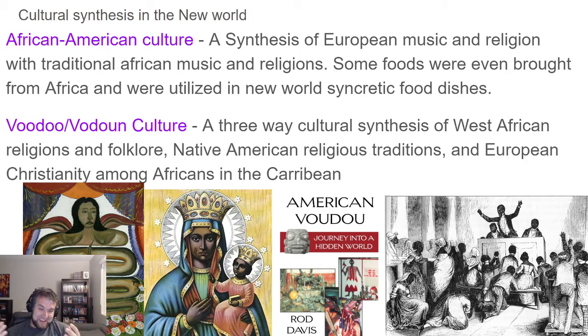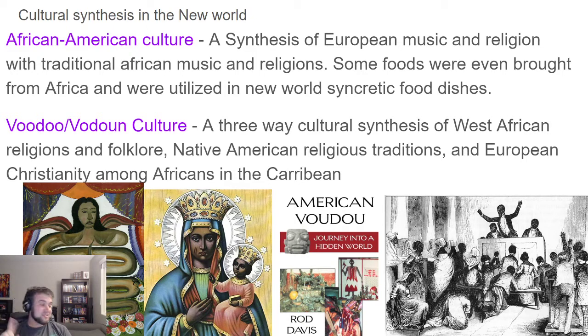I'm definitely not an expert on all that, but I would hope that if we were in a live class, I'd have some students that could tell me how the food culture also merged when these new societies all came together.